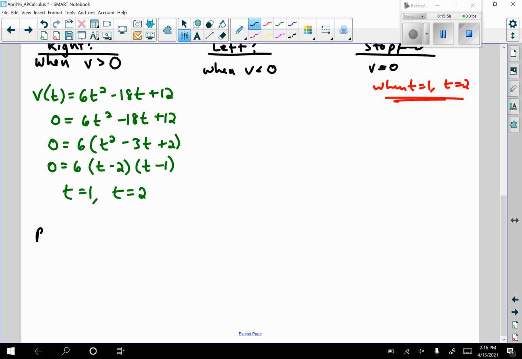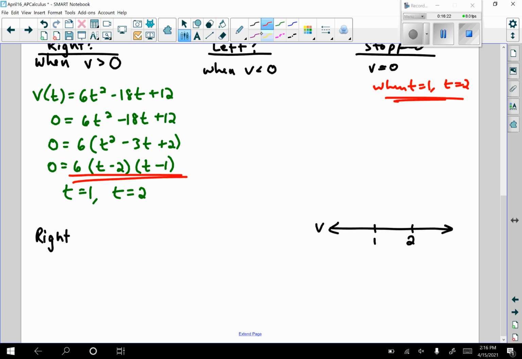Moving to the right and to the left, we have to make a velocity timeline here. So we'll put our 1 and our 2 in, just a different scenario, but we've done this plenty of times before. We just need to figure out when velocity is positive or negative. So to the left of 1, I'm just going to look at this factored form right here.